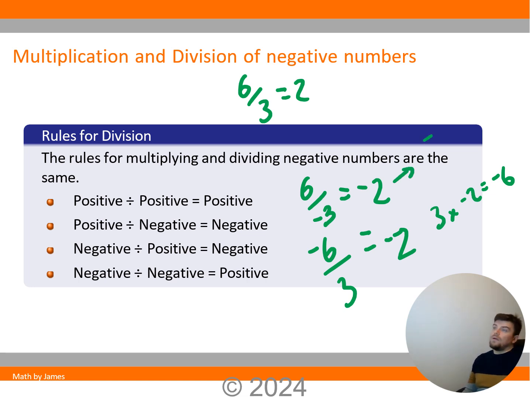We have negative 3 times negative 2 is 6, because we know a negative times a negative is a positive. And then we have a negative divided by a negative, so negative 6 divided by negative 3, which gives us 2, because we can fit 2 negative 3's into 6.